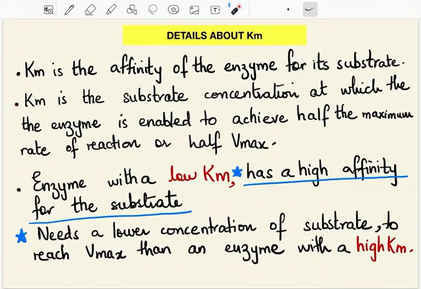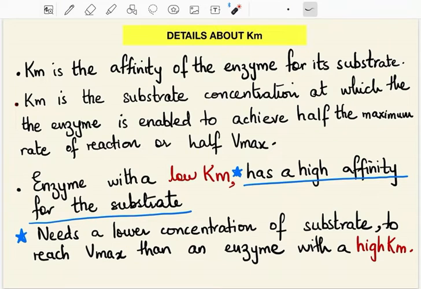Okay, this does not mean at all that if an enzyme has a high Km, its turnover rate is small. It can have a low Km just like carbonic anhydrase, and at the same time its turnover rate can be very, very high, meaning it can actually break down, just like carbonic anhydrase, 600,000 molecules of carbon dioxide per second.